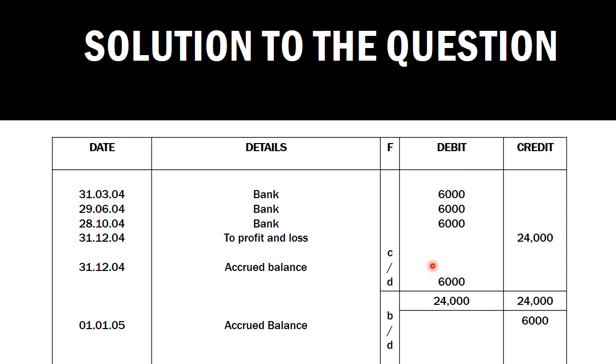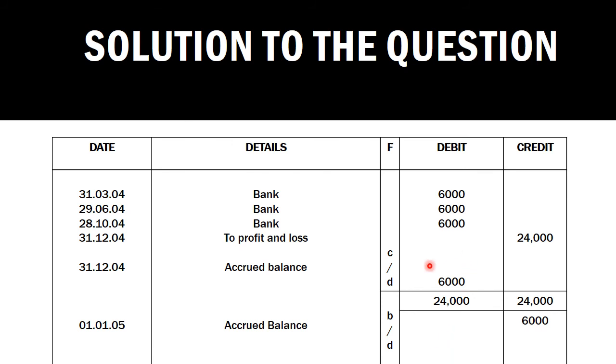And then we are being told that there was an accrued balance being carried down to the next accounting period. We have put it on the debit side because this amount is still owing, so it should be brought down as a credit entry to show that it is owing. So that when it is paid in the next financial period, it should be brought down as a debit balance.